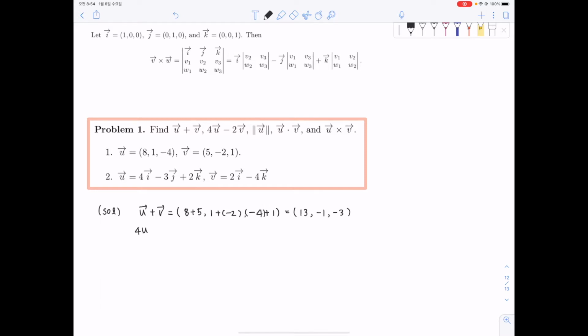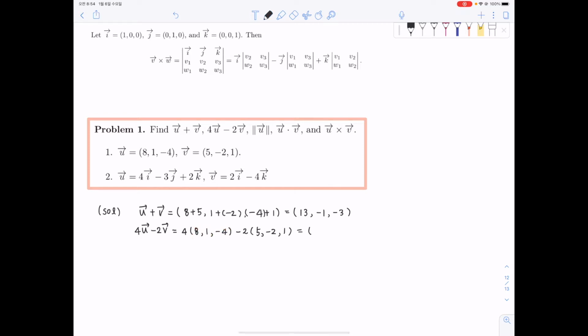And 4 times u minus 2 times v is equal to, first we will find 4 times u and minus 2 times v. U is 8, 1, minus 4, and v is 5, minus 2, 1. When you calculate the scalar multiplication, we just multiply by 4 to each component.